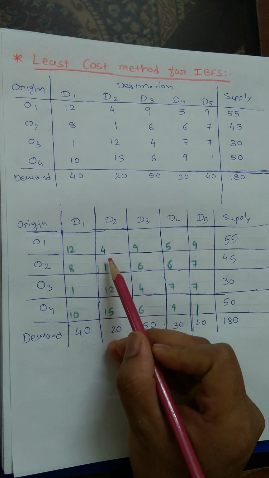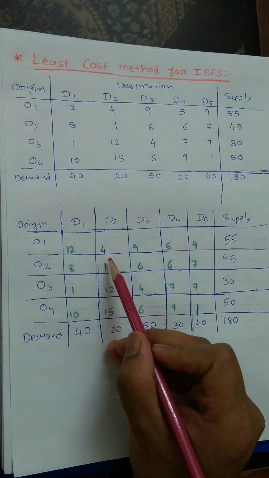And the value will be 30 because in demand and supply the minimum is 30. The remaining supply will be 55 minus 30, that is 25.